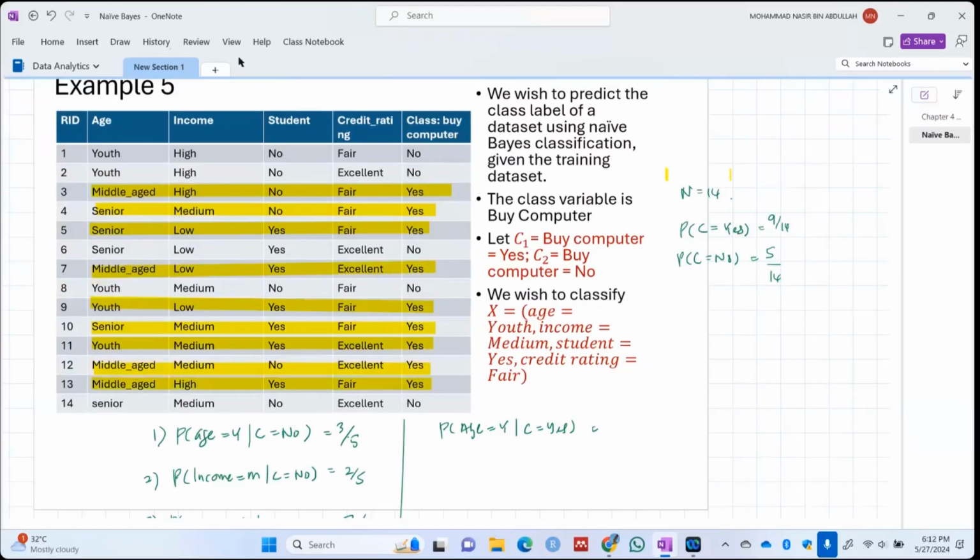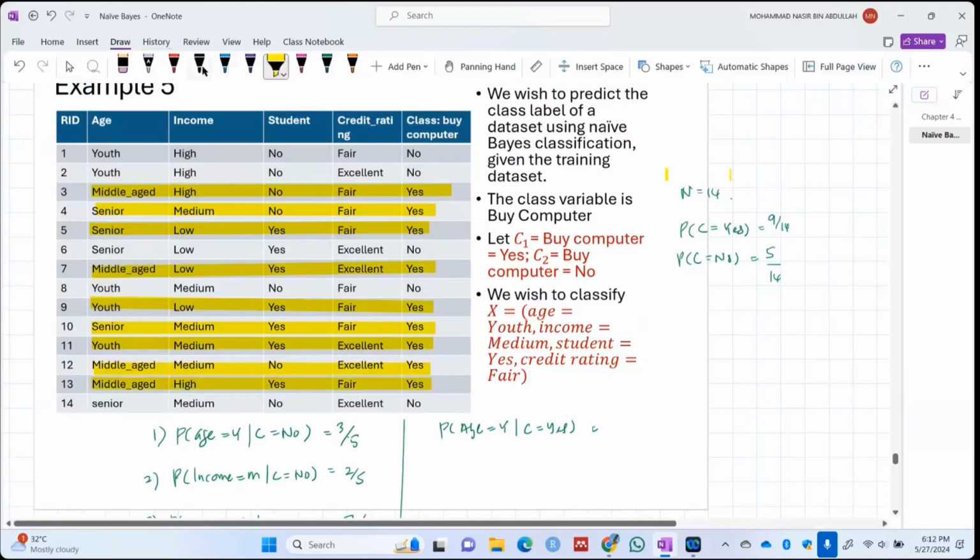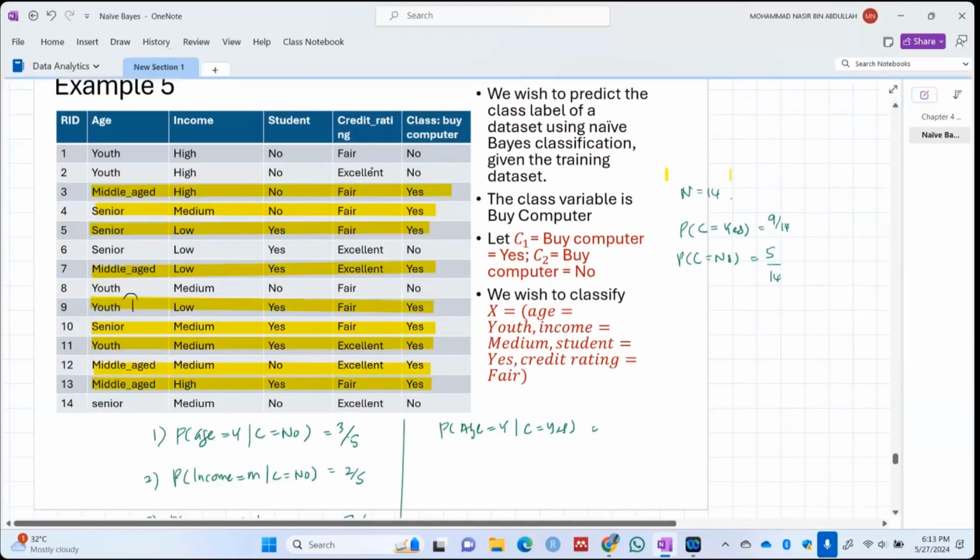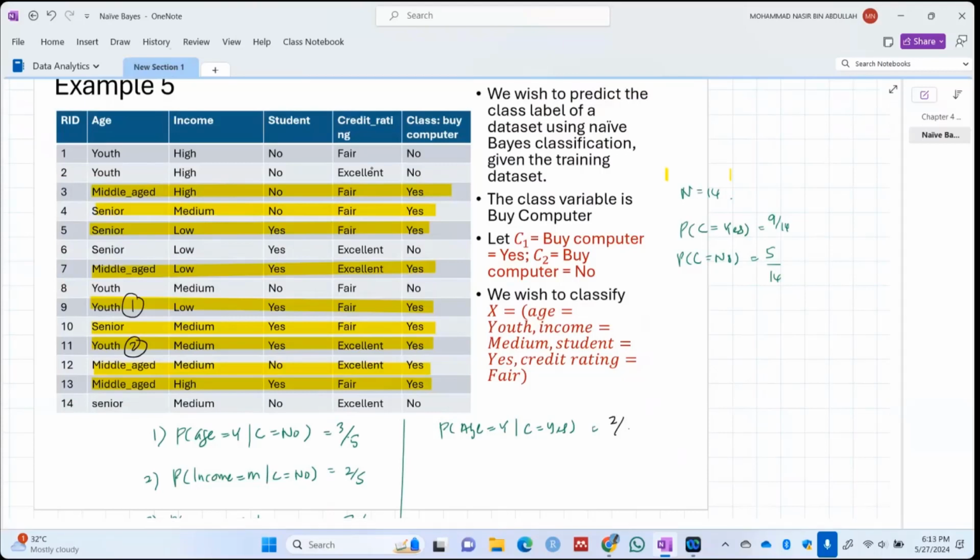Right? So now, probability of H equal to Y and C equal to yes. So this is 1, 2. Right? So it should be 2 over 9. Okay? Because we will have N for C equal to yes equal to 9, and C equal to no equal to 5.